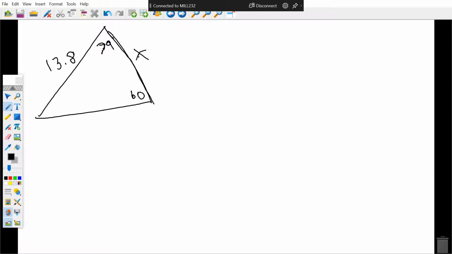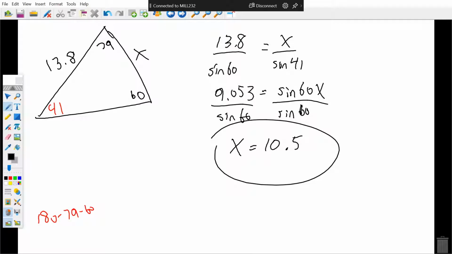All right, here we go. At first glance in this question, we don't have an angle side pair, but we do have 2 angles, so we can find the third one. So 180 minus 79 minus 60 is 41 degrees.